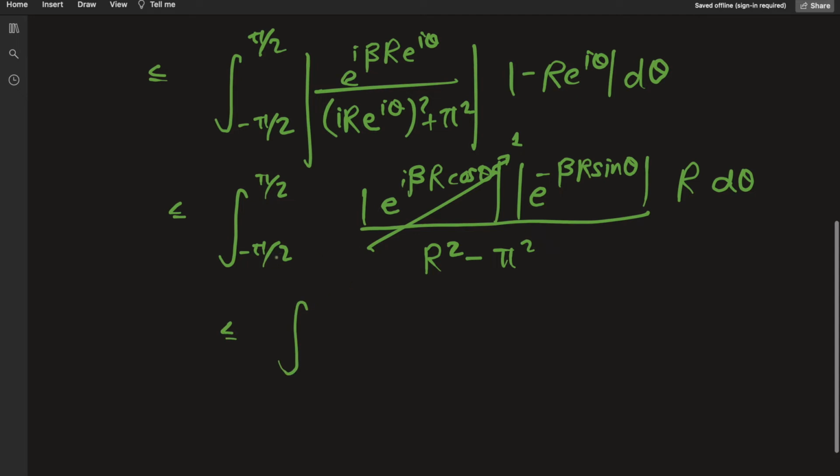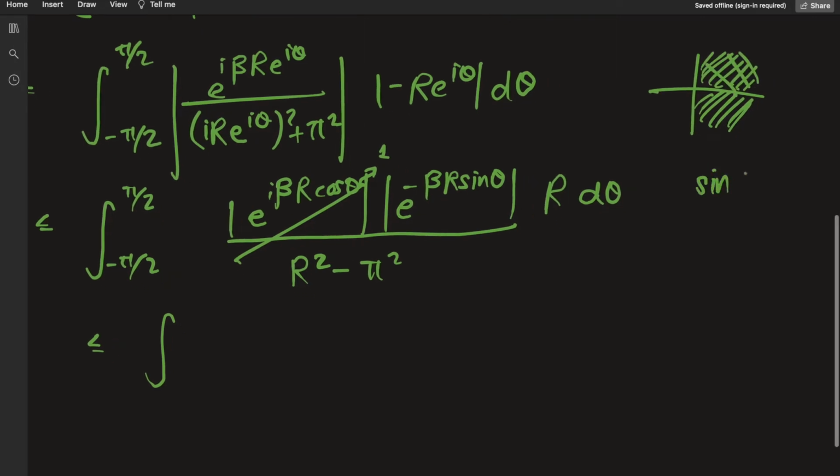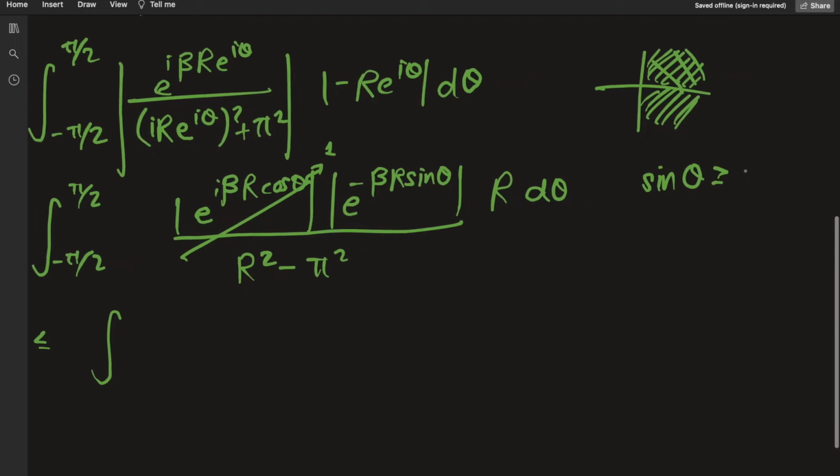Now the issue is, on this interval sine has a split personality, because from negative pi over 2 to 0, which is essentially the fourth quadrant, sine is negative, and then from 0 to pi over 2 it's positive. And if you remember Jordan's inequality, that sine theta was greater than or equal to 2 theta over pi, that was only valid on 0 to pi over 2 in the first quadrant, and we are in the fourth quadrant here, so this won't hold true.